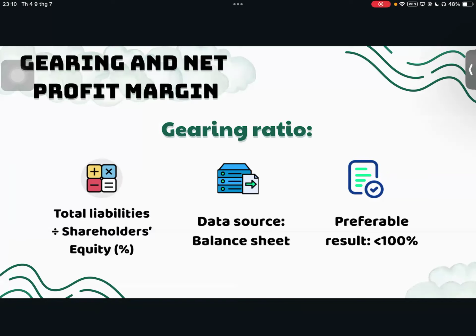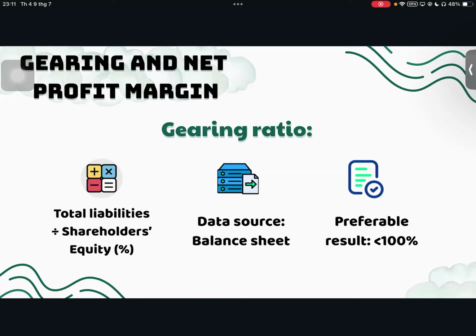Second, another two very familiar ratios are the gearing ratio and net profit margin. With gearing, it is a measure of financing. So with gearing, we compare between the debt financing and equity financing. In other words, we compare between the liabilities and the shareholders' equity.